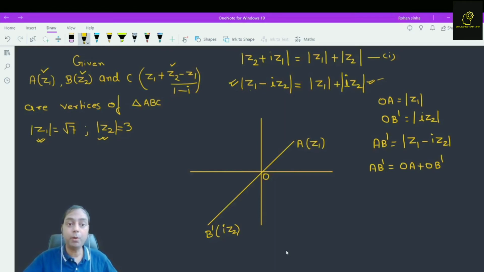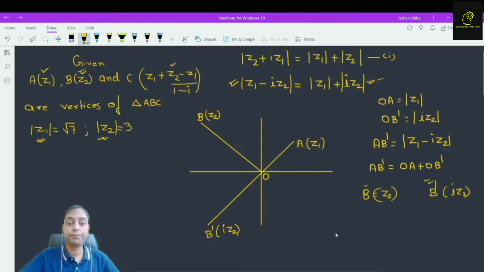Point B is represented by z2 and B dash by i z2. This means the angle between OB and OB dash is 90 degrees, because multiplying z2 by i rotates it by 90 degrees anticlockwise. Now I am plotting B.